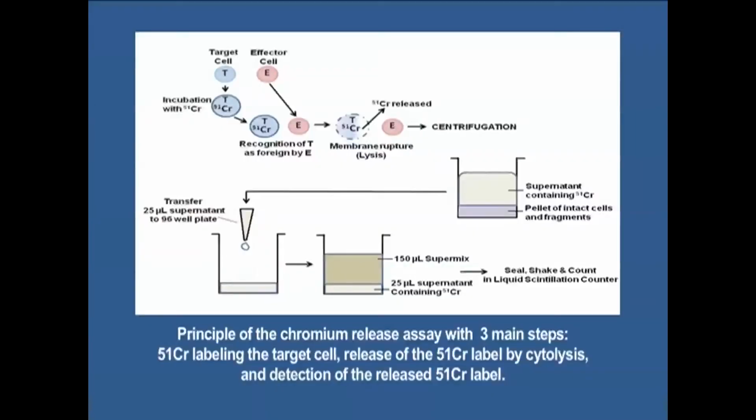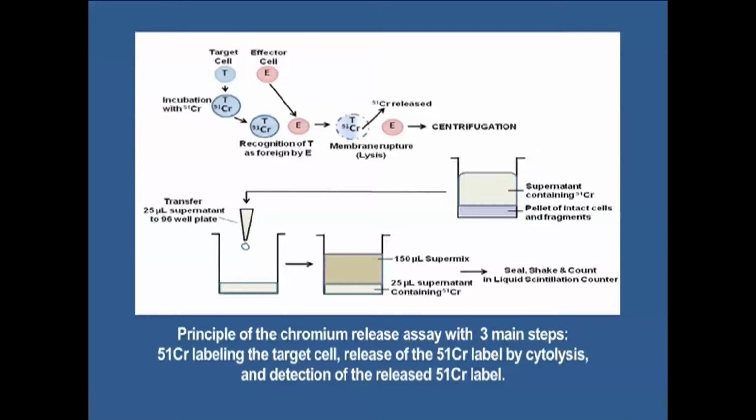So what are the steps? Here there are three main steps. First of all, the target cells are labeled with Cr-51 and then they are centrifuged. The lysed cells release the Cr-51, so it will remain in the supernatant and the pellet will contain the intact cells.